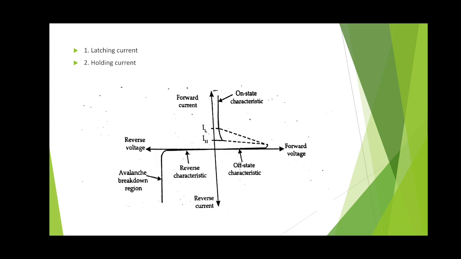Means if the forward anode current decreases below this holding current, then the thyristor or the SCR will go in off state. So this is the minimum current required to keep or to hold the SCR in on state. The holding current of the thyristor is of the order of 8 to 10 milliamperes.